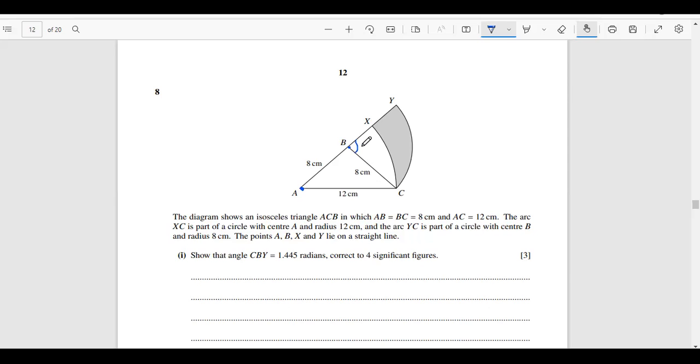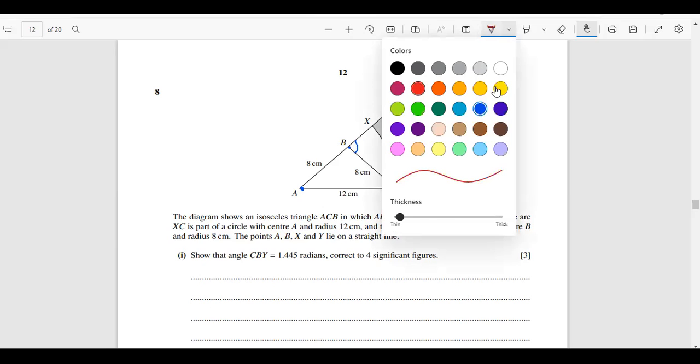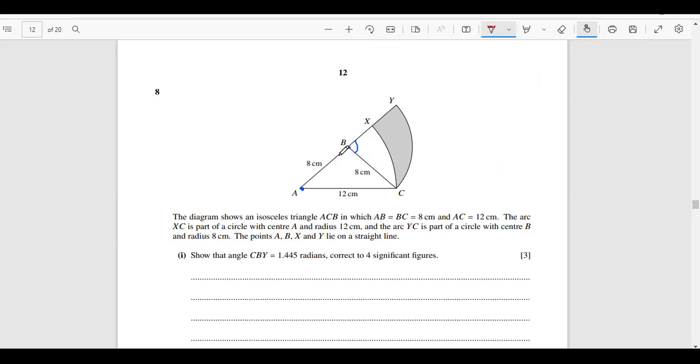Okay, so can anyone tell me how to find this angle? Right, so we are not sure about the shaded area or the area of this sector CBY, and we are not sure about the arc length and stuff like that. So it means that we would be using something else, and that is basically this angle.